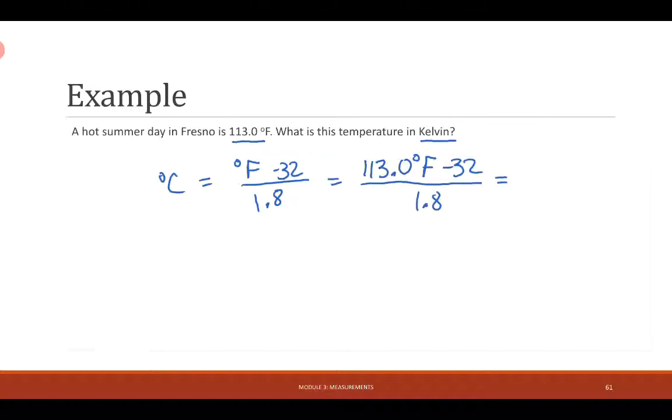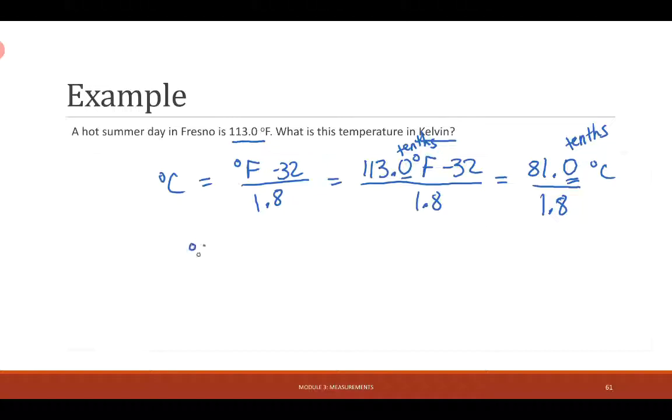113 minus 32 is 81. This is significant to the tenths place, and this didn't have a tenths place according to my calculator, but I have to make sure that I follow significant figure rules. And so we will now divide that by 1.8.